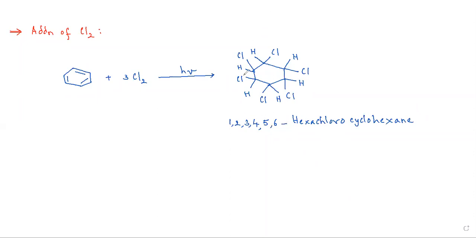So this is also known as benzene hexachloride. Simply BHC. So it is also given as 666. You can actually see that it has 6 carbons, 6 hydrogens, and 6 chlorines, right?